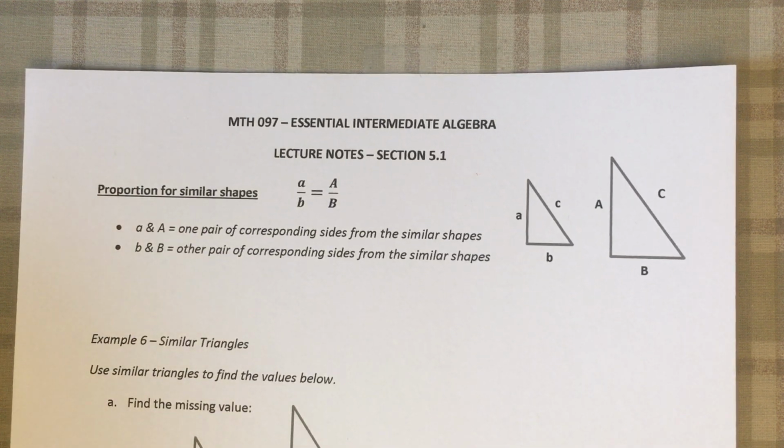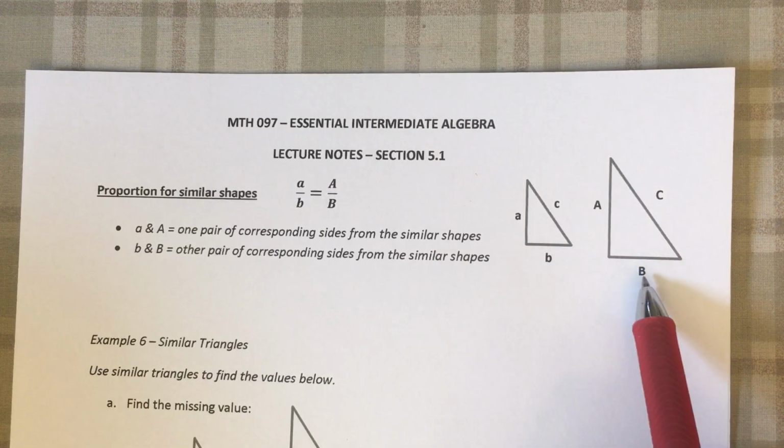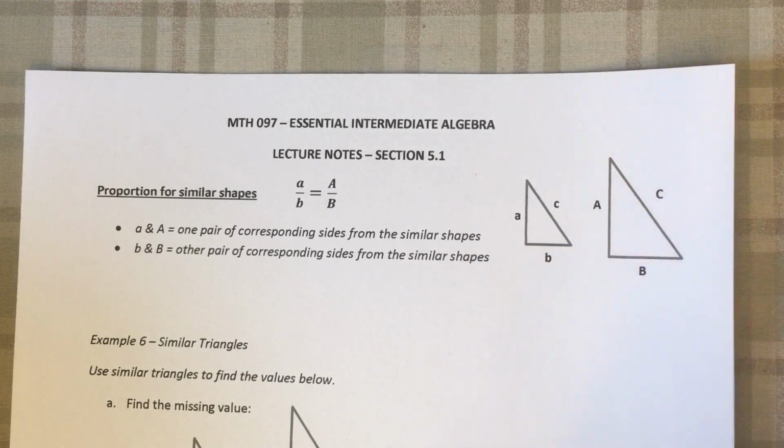Right, so when we're setting up our proportions, if we look at these, we have pairs of corresponding sides. We have little a and big A, little b and big B, little c and big C, for our little triangle and our larger triangle.